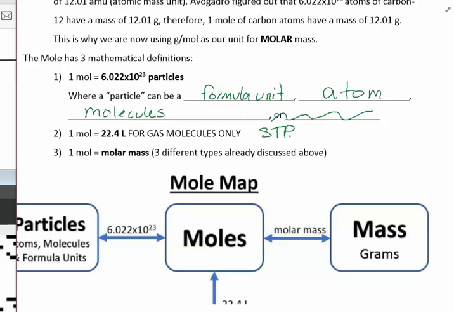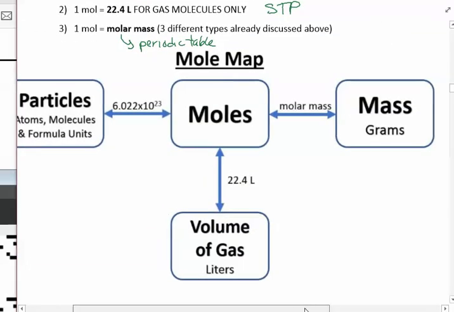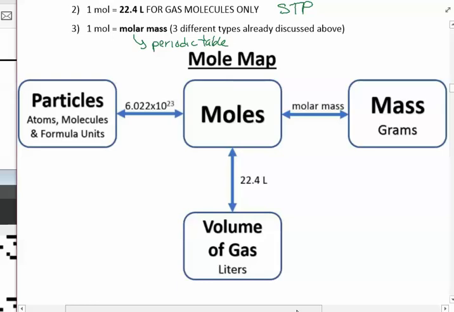And then 1 mole is equal to the molar mass, which is for the 3 different types of particles we've already discussed. Molar mass is what we calculate from the periodic table. So if you look below, this is our mole map. Right now, our mole map has 3 different parts. We have moles in the middle. We can go to particles, volume of a gas, or mass.